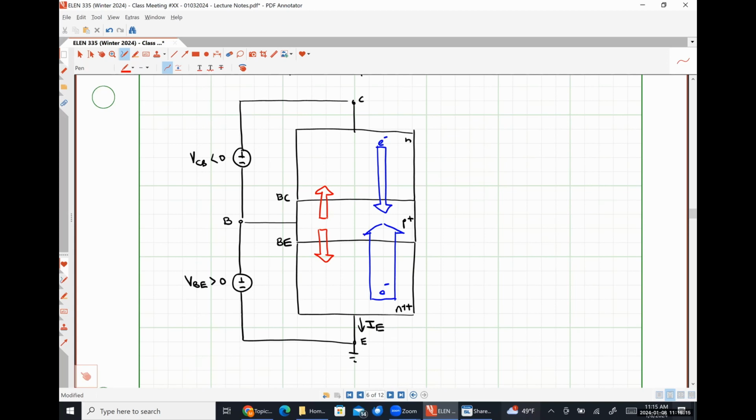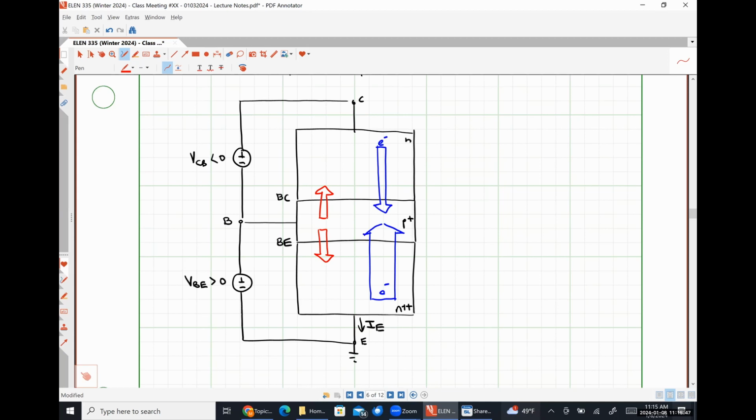Now, because this junction is also forward biased, we are seeing that holes are allowed to go from the base into the collector, and that hole movement is going to cause effectively a current flowing up. That is going to be of the opposite direction of the net electron diffusion current. And so we're going to see that our collector current is actually significantly smaller, okay?